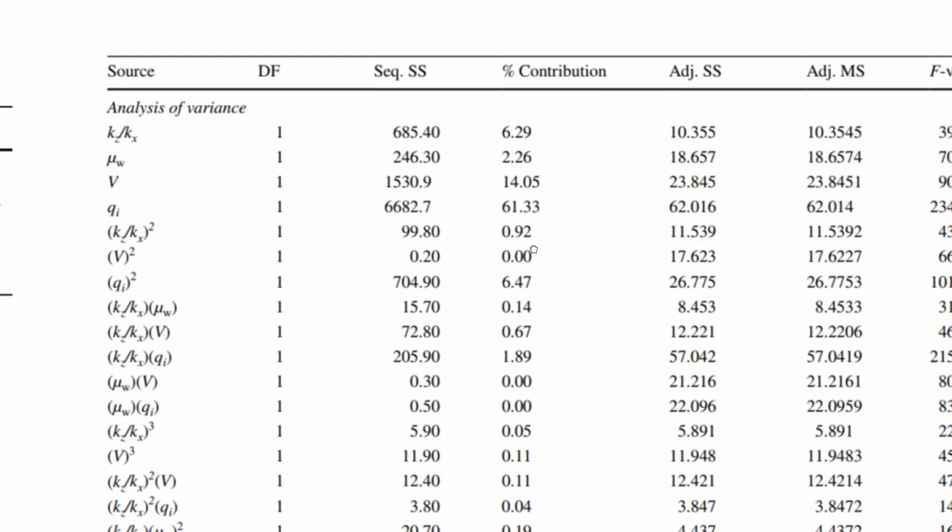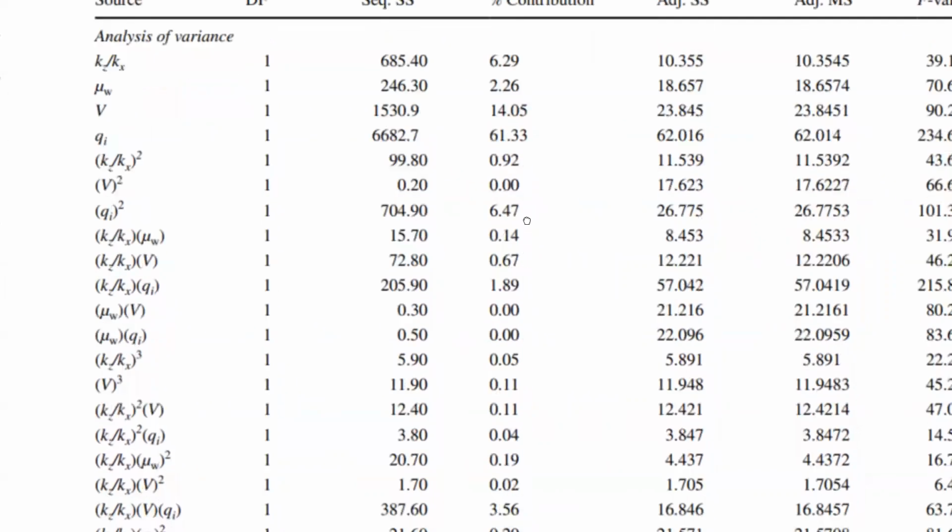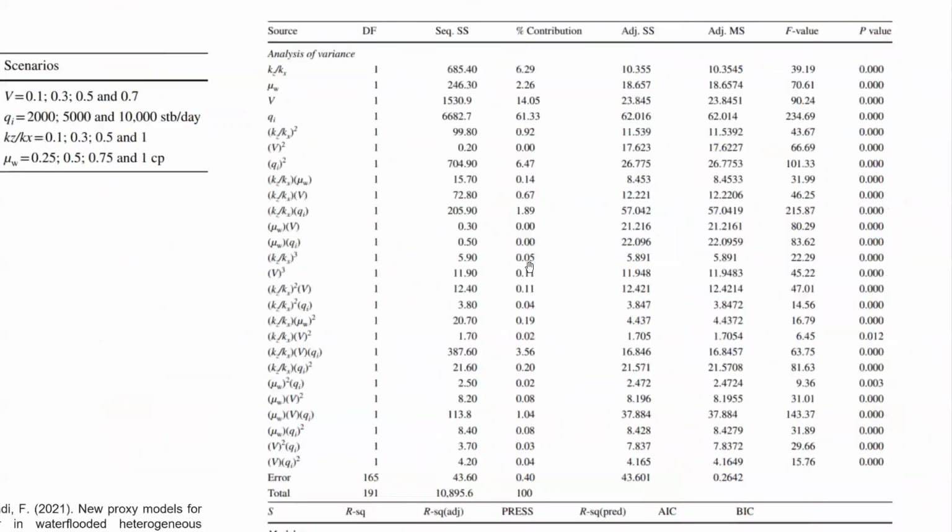The second rank is reservoir heterogeneity. So water injection rate is very important and will control your recovery factor, but don't forget reservoir heterogeneity also plays a very important role. After that comes the square of water injection rate, but it's not a basic parameter, it's a derivative parameter.